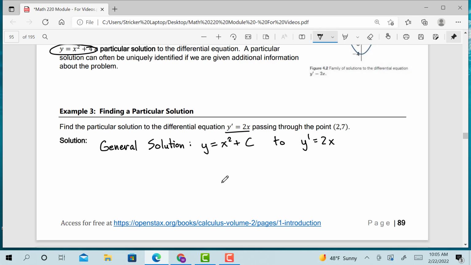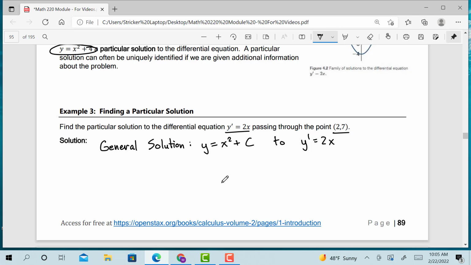So how can we figure out what the particular solution is that passes through the point (2, 7)? Well, we're going to use our general solution, y equals x squared plus c, and we're going to plug that point in.